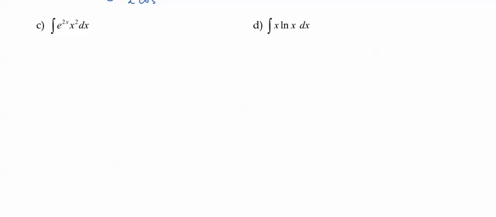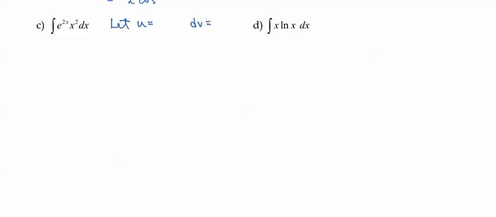So for the next one, if I want to integrate e to the 2x times x squared dx, similar to what we did in the previous questions, I'm going to let u be one part and dv be the rest.